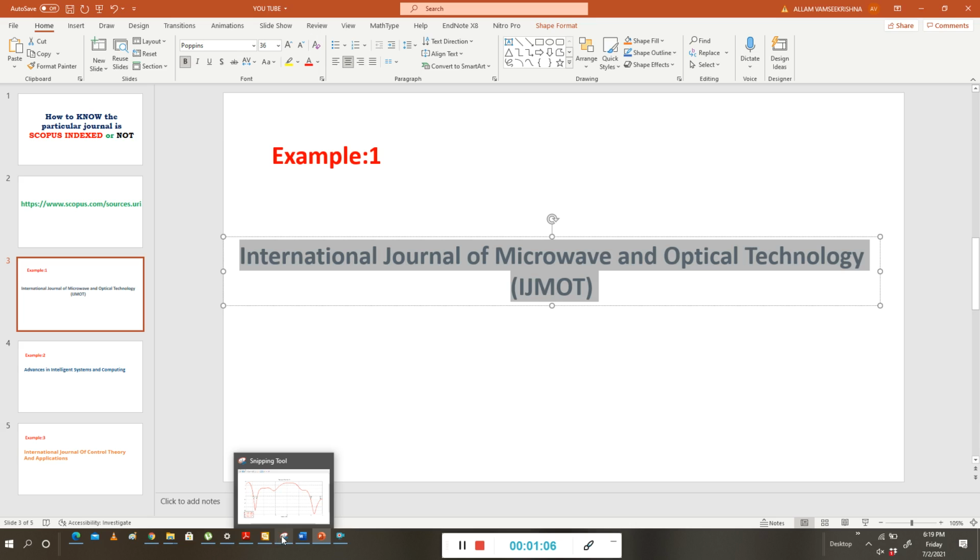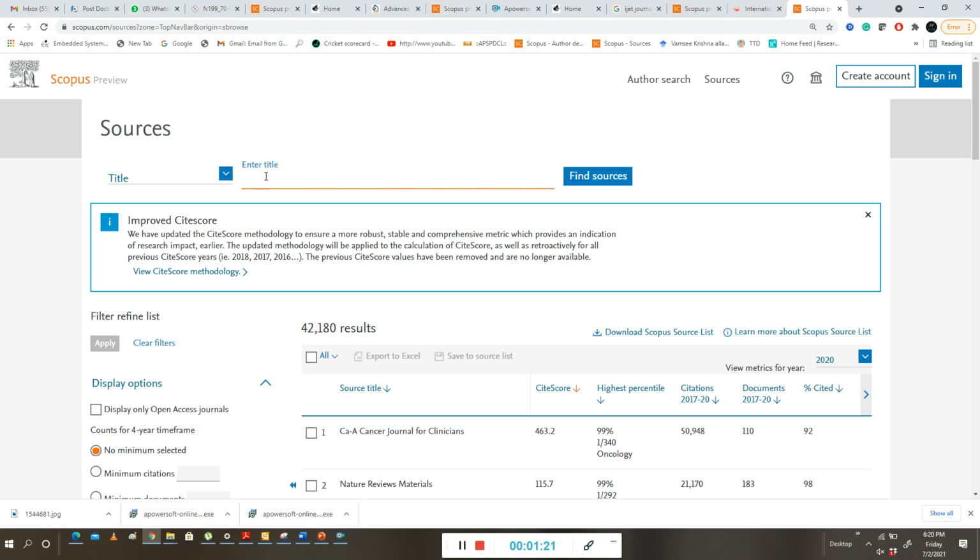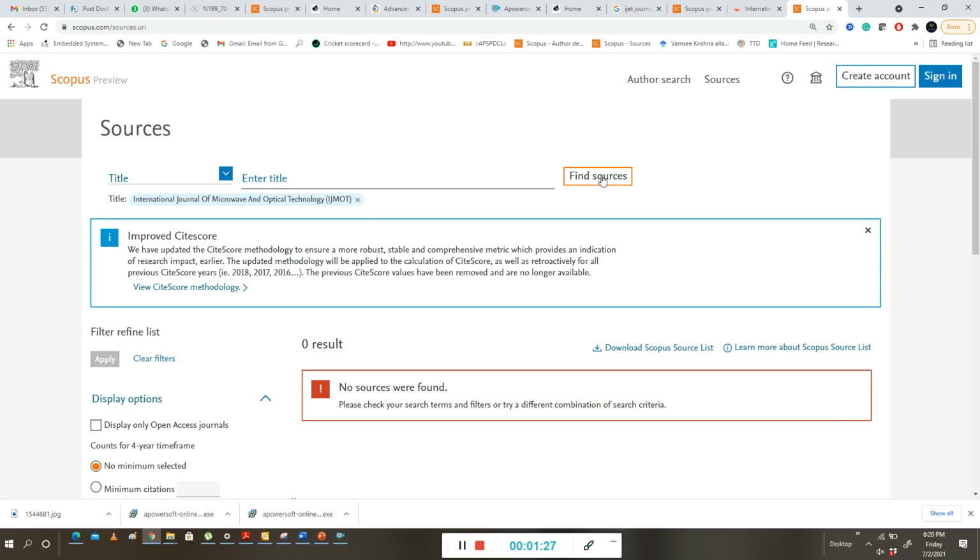If it is Scopus indexed, then from which year to which year it continues in the Scopus database, and how many issues and how many publications are published in a particular year. First we will know about this. For this, go to this IJMOT, find sources, International Journal of Microwave and Optical Technology.